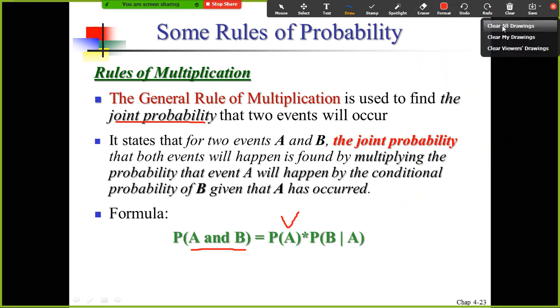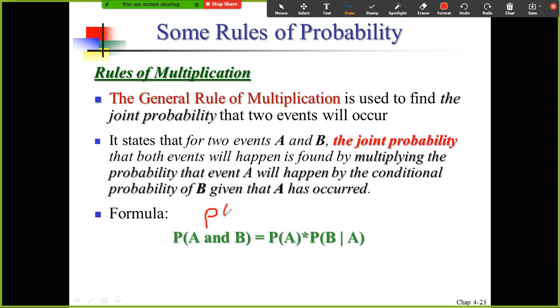But if you write it like this, probability of A and B equals the probability of A multiplied by the probability of B, this is also a rule of multiplication, but not the general rule. This is the special rule, because A and B do not depend on each other.